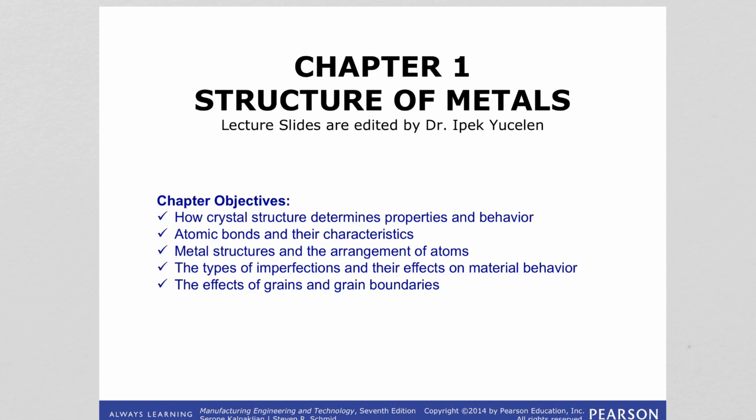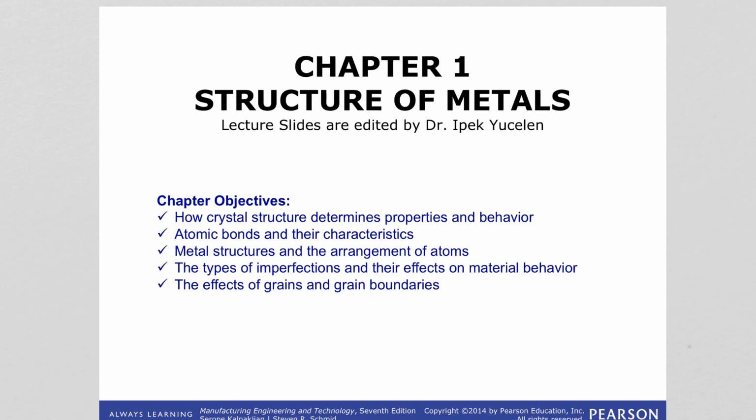But it is important to understand the structure of metals because it will directly affect manufacturing properties, how manufacturing parameters are affected by the structure of the metals, or how the structure of the metals is affected by the manufacturing parameters. So therefore it is important that we review these topics.